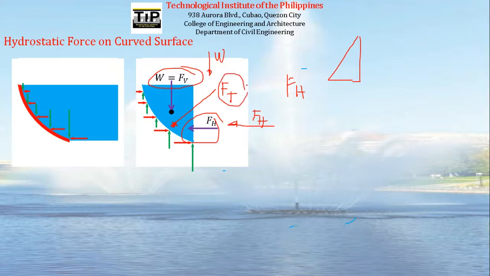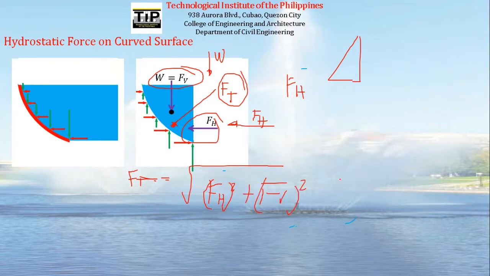So, to determine this F sub T, again, this is the resultant force of the fluid. The magnitude can be solved as square root of F sub H squared plus F sub B squared.